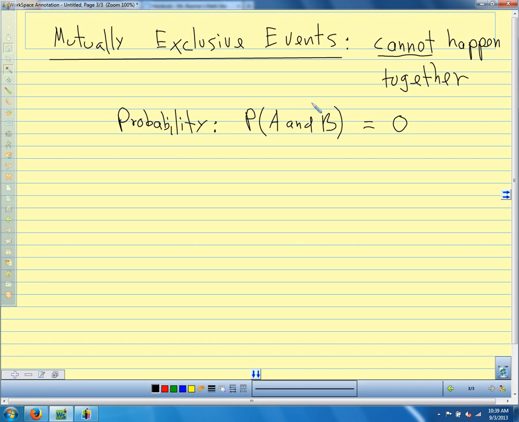The door can't be open and closed at the same time, so the probability would be 0. What would be another one? Rolling a 1 and a 6 in one roll of a die. So you have one die, you can't roll a 1 and a 6 in one roll. So that's impossible. So the probability of mutually exclusive events is 0.